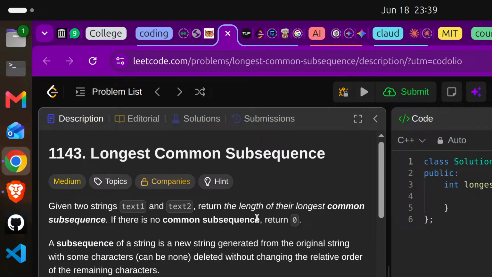But the output here is giving 2 and 3, so it's saying something else and it's doing something else.